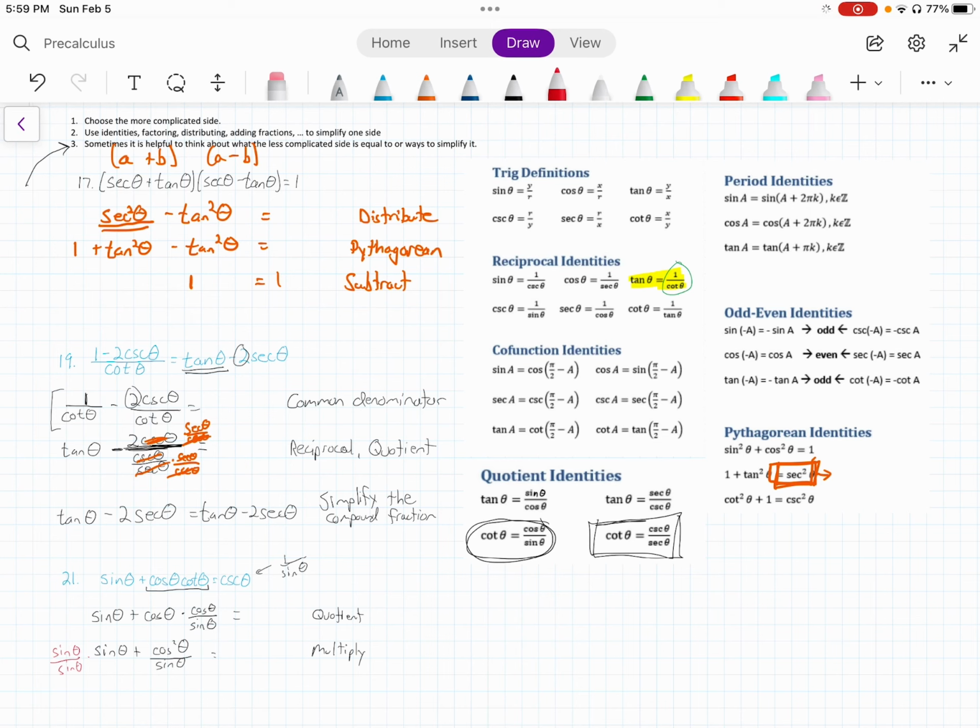So we're going to get a common denominator and add. So really we have sine squared plus cosine squared, once we have this common denominator, sine squared theta plus cosine squared theta over our common denominator of sine theta. So that was a common denominator.